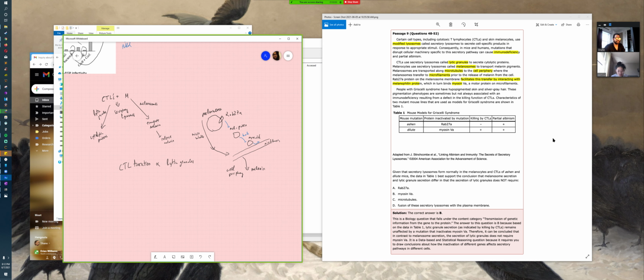But then option B was also related. So I had to look at table 1 to figure out the answer. They tell you to look at table 1. First I was going to look at table 1, but I didn't know what this or this was. So then I went and looked at the passage, and I drew this out.